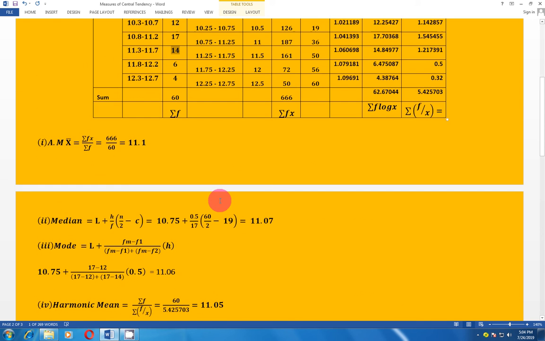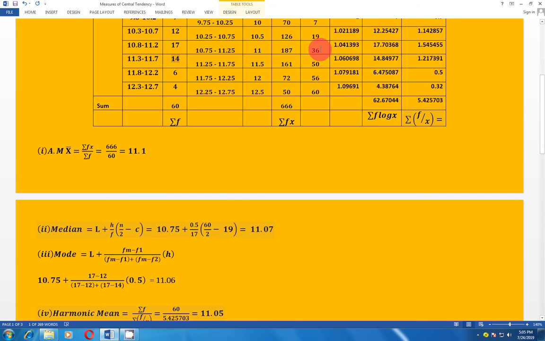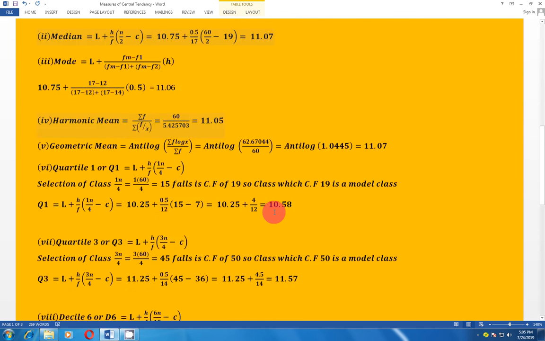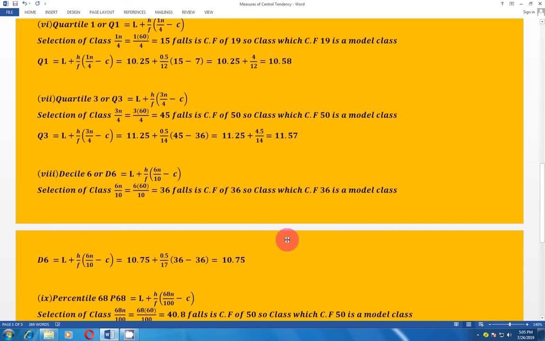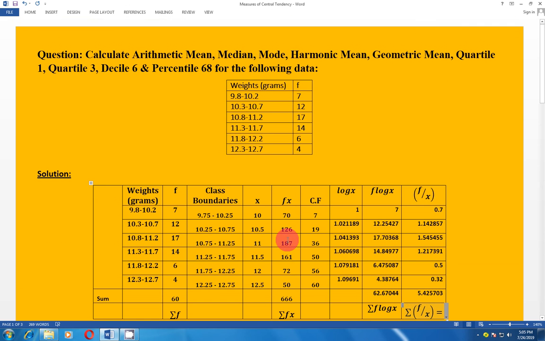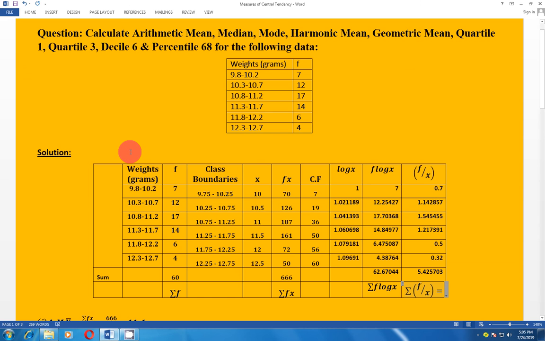We take the cumulative frequency which is before the cumulative frequency of the modal class because these are not the same. So after putting the values in the formula, we will get percentile 68 equal to 11.42.